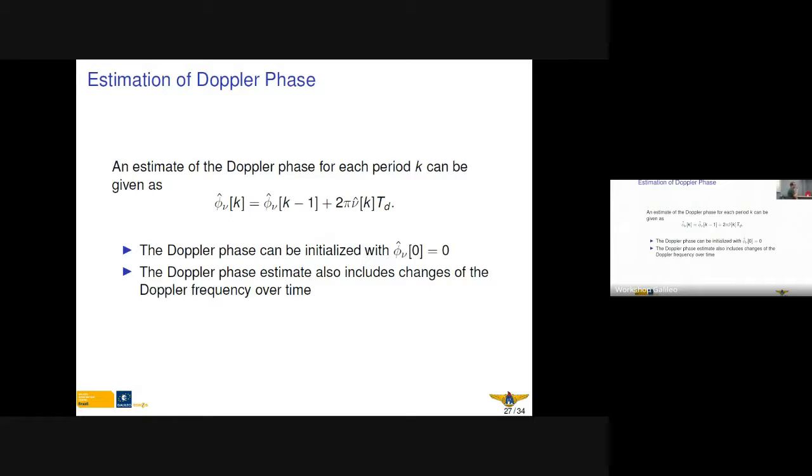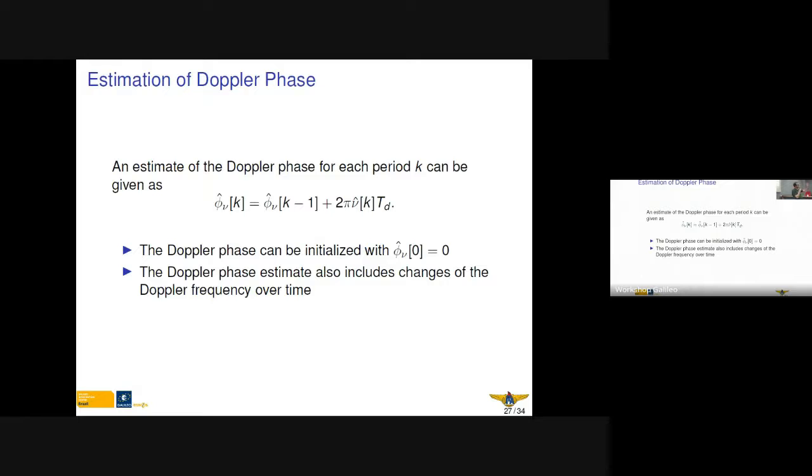The Doppler phase in this estimation process can easily be initialized with 0. We could also estimate the Doppler phase from acquisition, but it's not necessary really. The convergence of the Doppler phase estimate is quite okay with the assumption of 0. And the Doppler phase estimate also includes changes of the Doppler frequency over time.